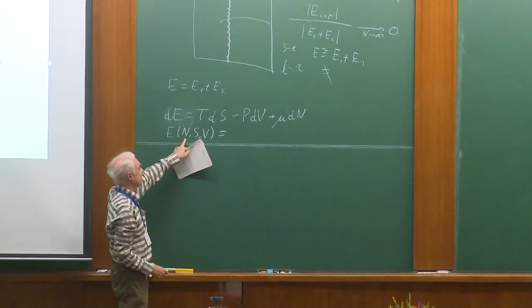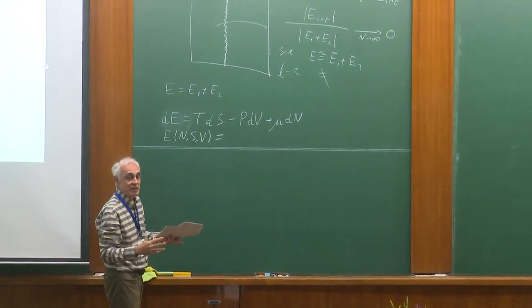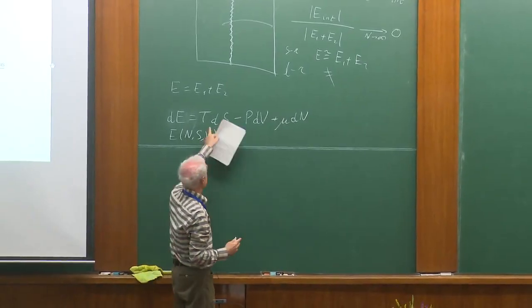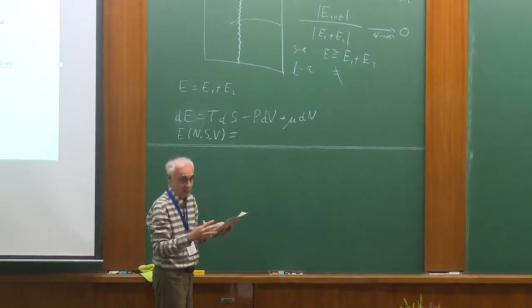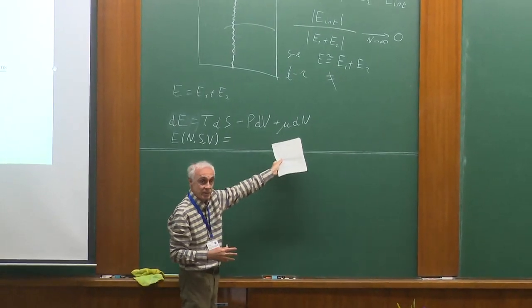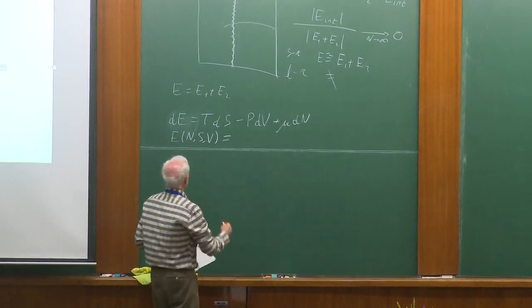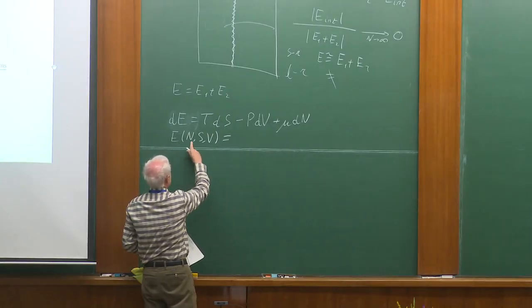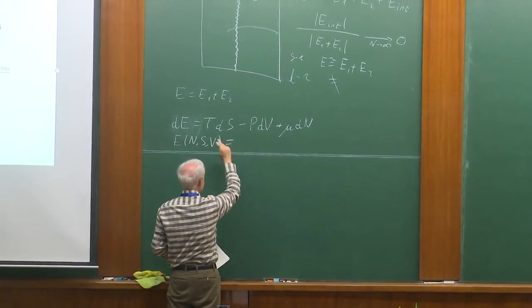They are called extensive because when you double the size of the system, they become double. This is different from intensive variables like temperature and pressure, which, if you increase the size of the system keeping it at equilibrium, remain the same, and also the chemical potential. That's why they are called intensive variables. Instead, the energy, as you see, is expressed as a function of only extensive variables.